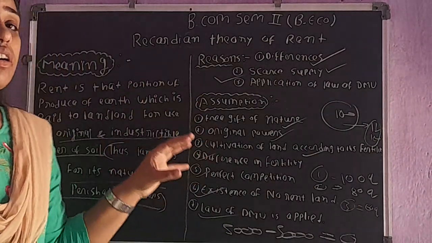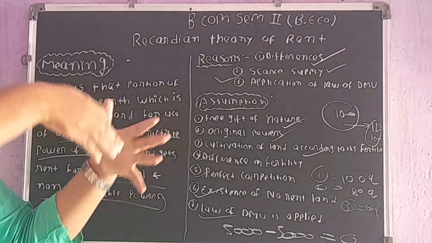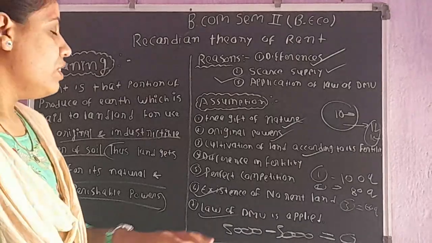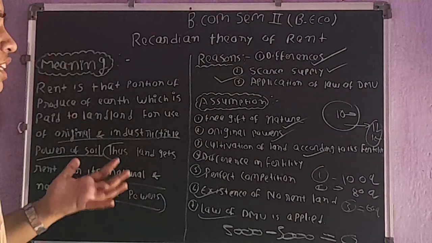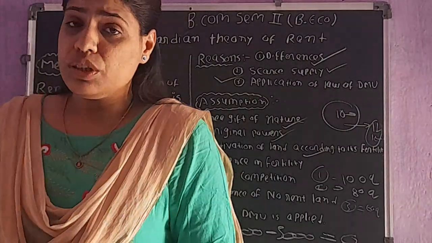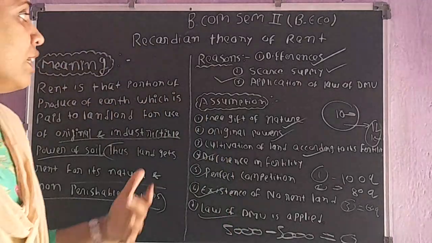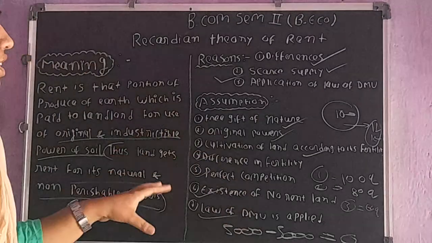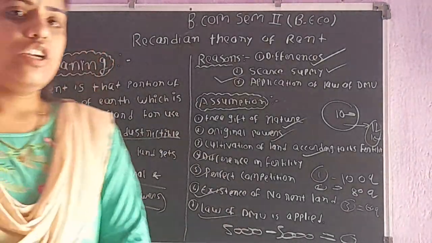If additional workers are employed on the same piece of land, of course the output is going to reduce. This way there is the application of diminishing marginal returns in the case of land. So that is why it is one of the assumptions under the Ricardian theory of rent.